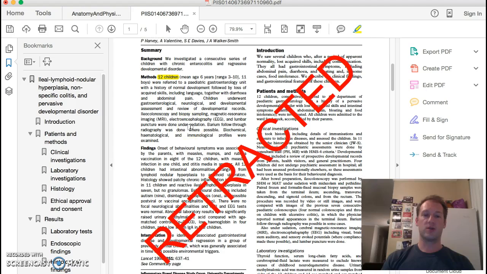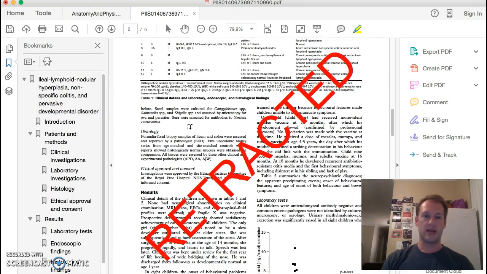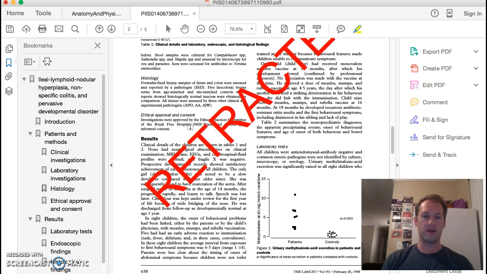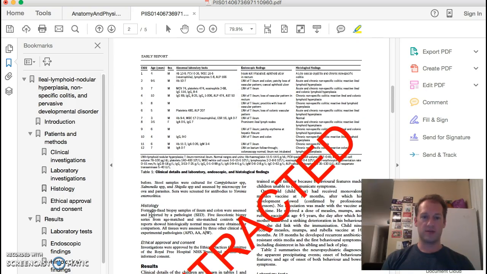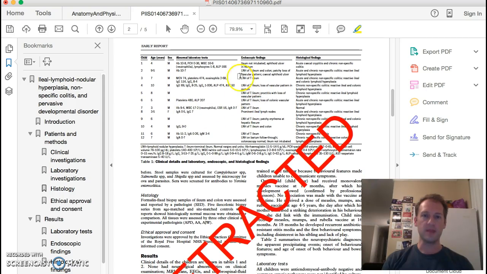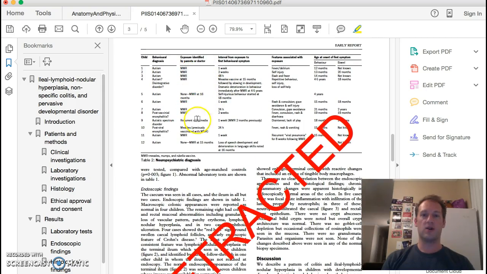Okay, there are a couple other things. As you scroll down, here's the other thing that is very, very strange. In their results, this is all their GI results. If you scroll down to the next page, these are all of the neurological problems that came with this supposed vaccine.